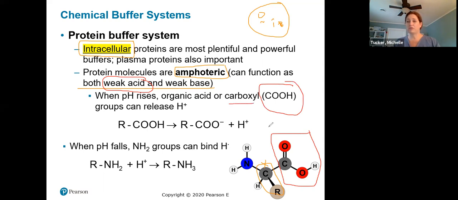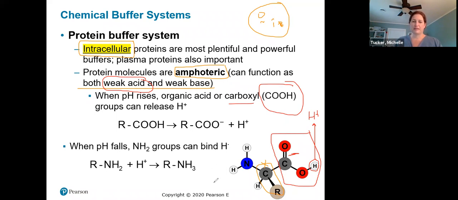If pH drops, this hydrogen becomes released. It gets released into solution. And then this part of the protein is going to carry a negative charge because it lost a hydrogen. So now it's slightly unbalanced charge-wise, but it's okay with a protein, they don't mind.